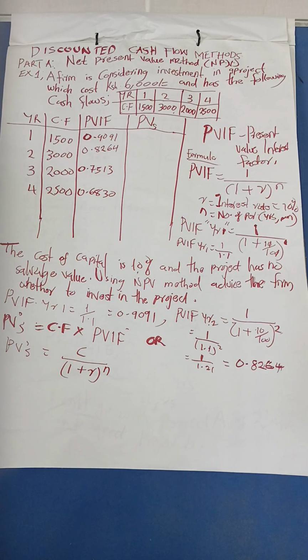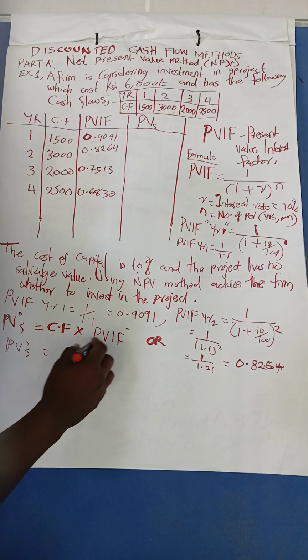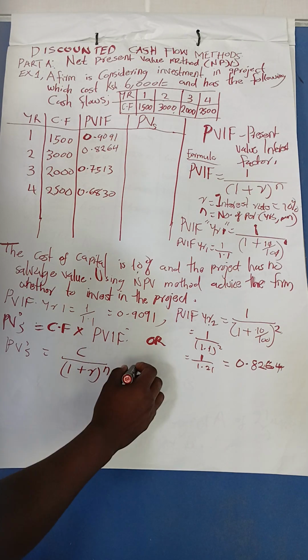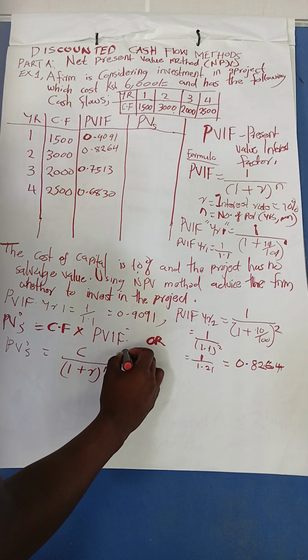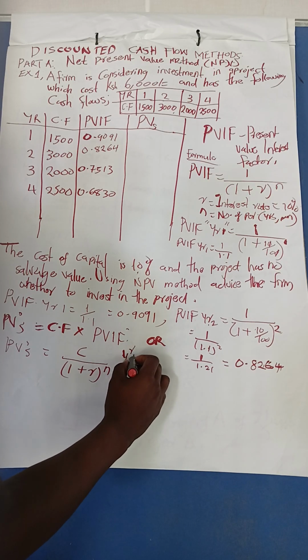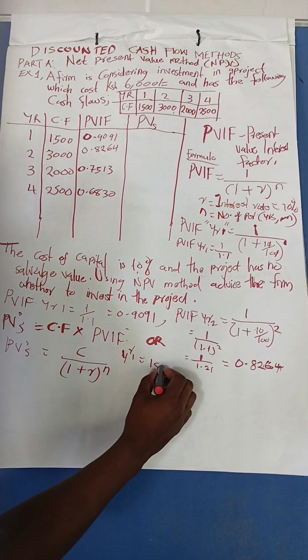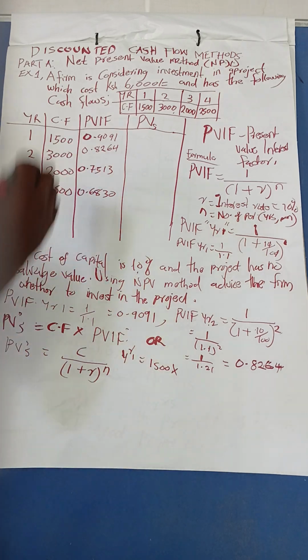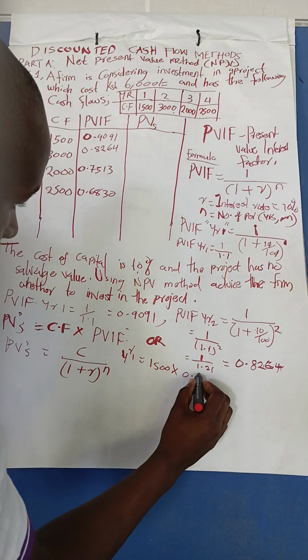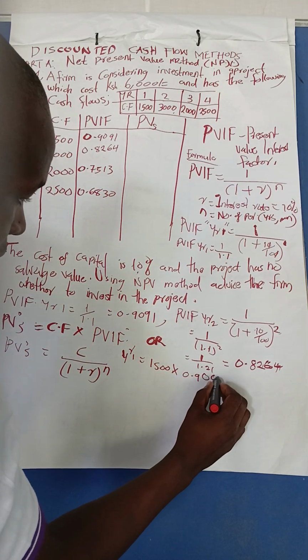Good. Let us do them practically now. Let's do the PVS using the first method, year 1. It will be 1500 multiplied by 0.9091.